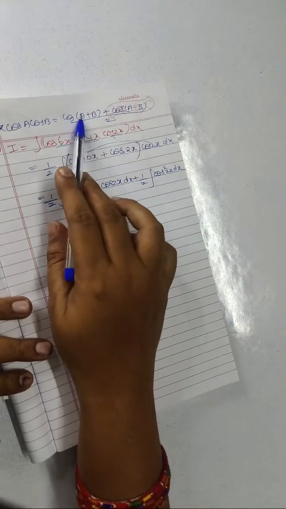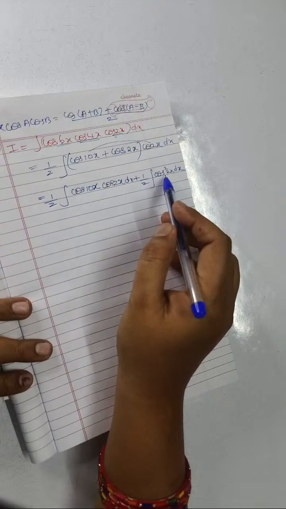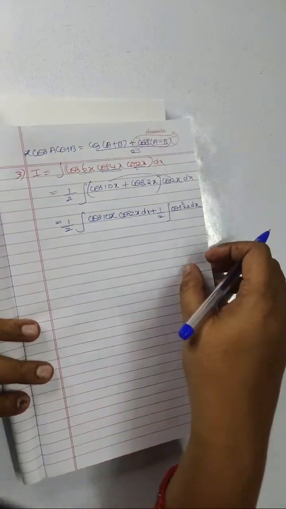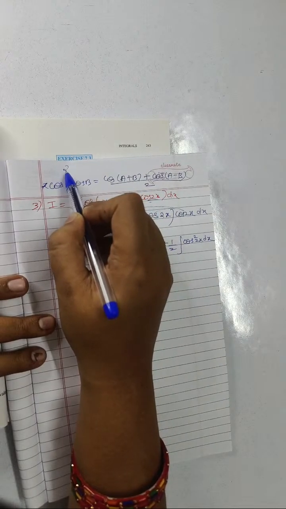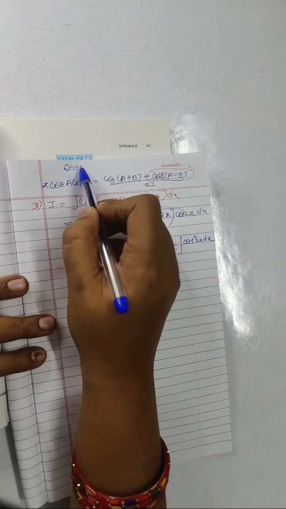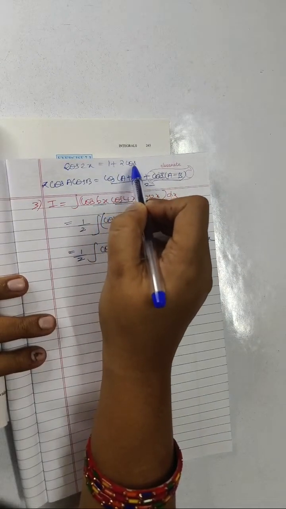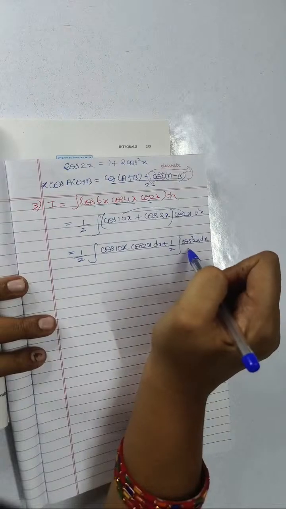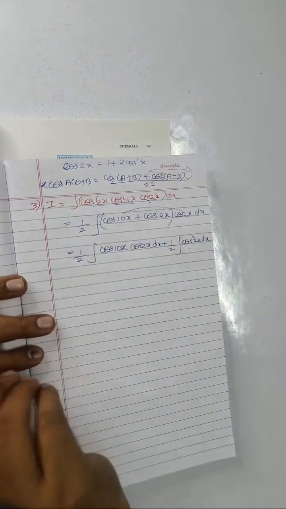In place of A you have 10, in place of B you have 2. And also for cos square 2x, as I said before, you have to use the formula. The cos 2x formula is 2 cos square x minus 1. We have only cos square, so take this minus 1 to the left side.